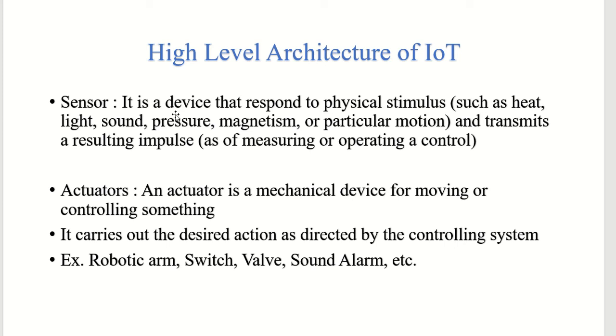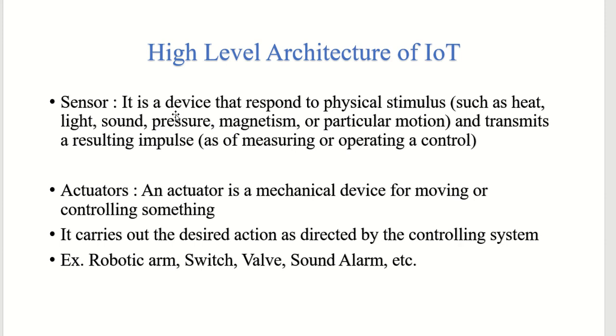Like a thermal sensor, which measures the temperature almost every second, can send the room temperature to the IoT system, and that IoT system processes the temperature input to find out whether it is rising fast enough to ring the fire alarm or not. So by coordination of both actuator and sensor, you can achieve your desired operation in IoT.